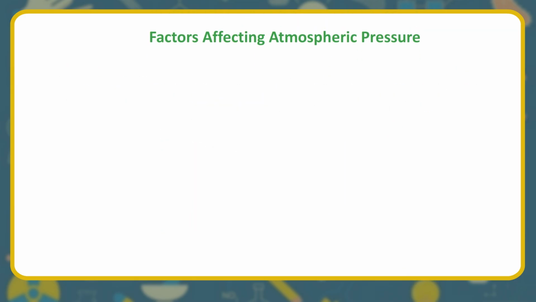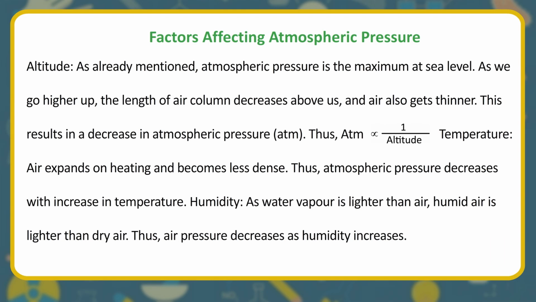Factors affecting atmospheric pressure. Altitude. As already mentioned, atmospheric pressure is the maximum at sea level. As we go higher up, the length of air column decreases above us, and air also gets thinner. This results in a decrease in atmospheric pressure. Temperature.